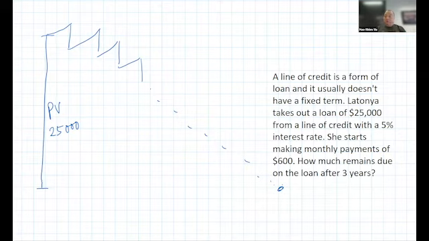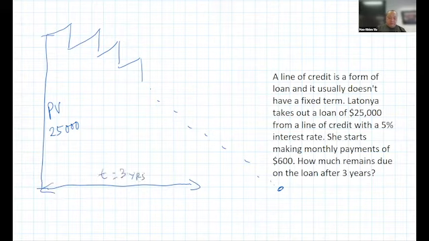But the question doesn't ask about that. The question says after 3 years, so somewhere in between here, T is 3 years, there's some balance left, probably, maybe. I don't know, we'll calculate it, we'll find out. But there may be some balance left. And the question is how much of a balance?